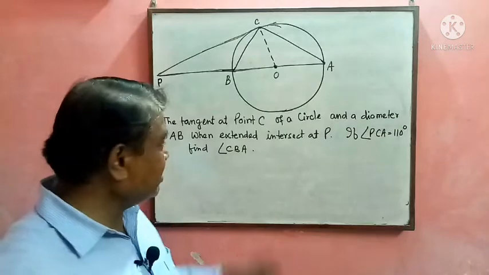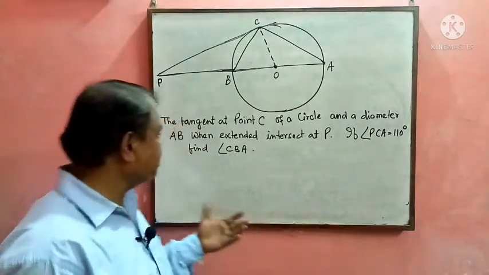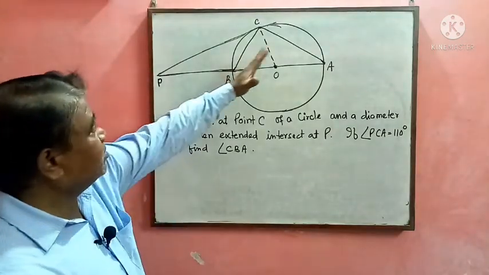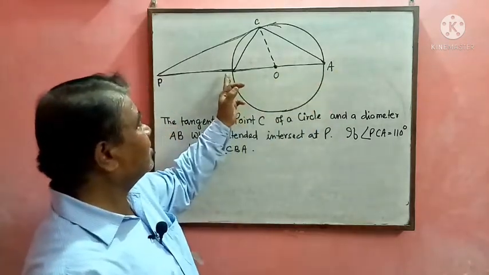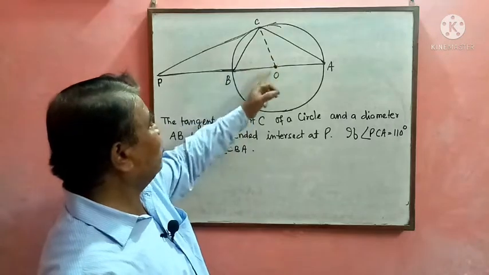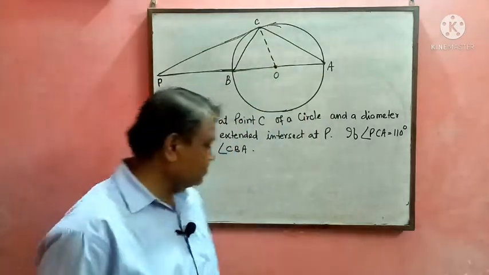Okay. Now here is a very important question for you. This is a circle of center O, AB is the diameter, OC, OB, OA, all are radii.